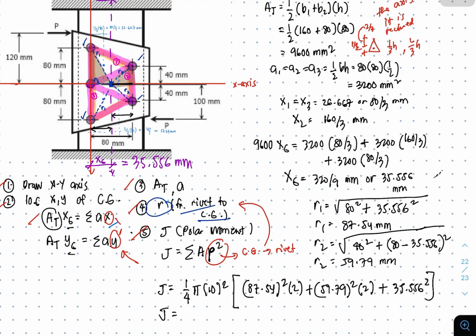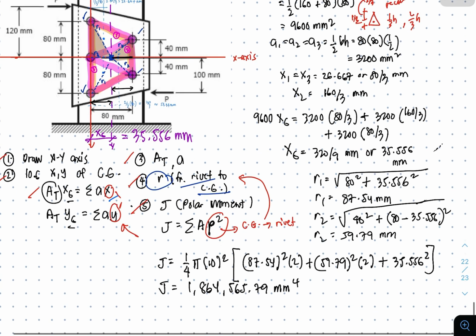So for the polar moment of inertia, the total value for this one is simply 1,864,565.79 mm to the fourth.